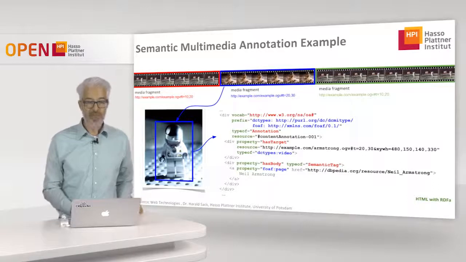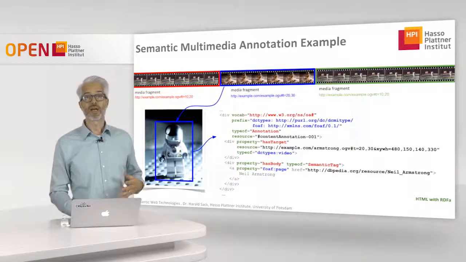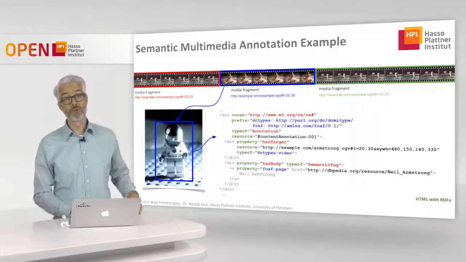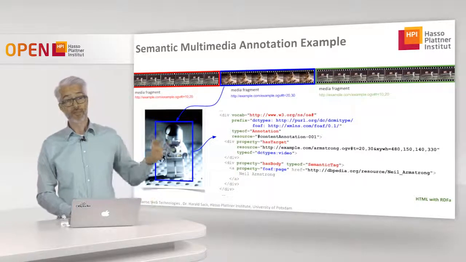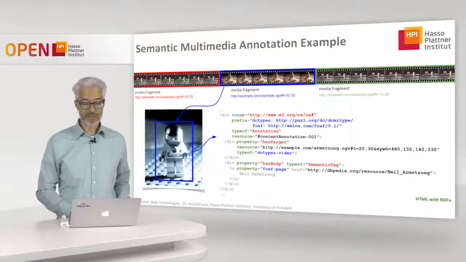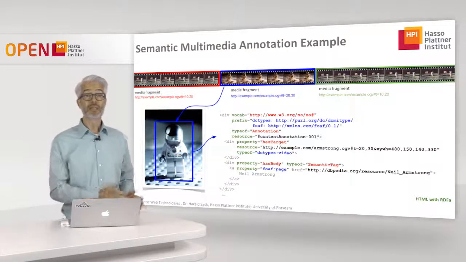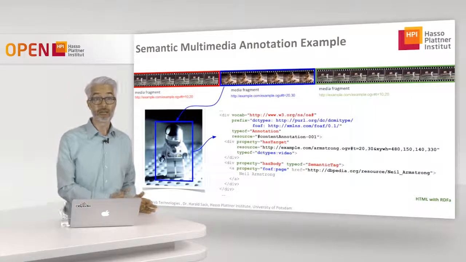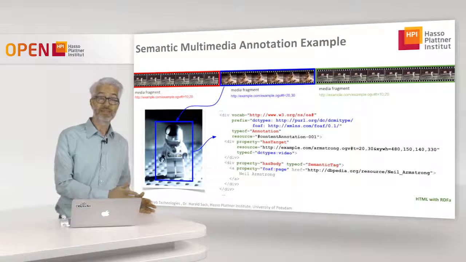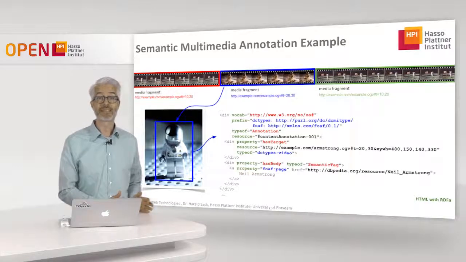You see this here in an example. The media fragment identifier is a convention that can be used together with a URI. So as soon as this video is on the web, I can use the media fragment identifier, for example, to determine a specific segment in time of my video. I can say from second X to second Y, I can define a segment.